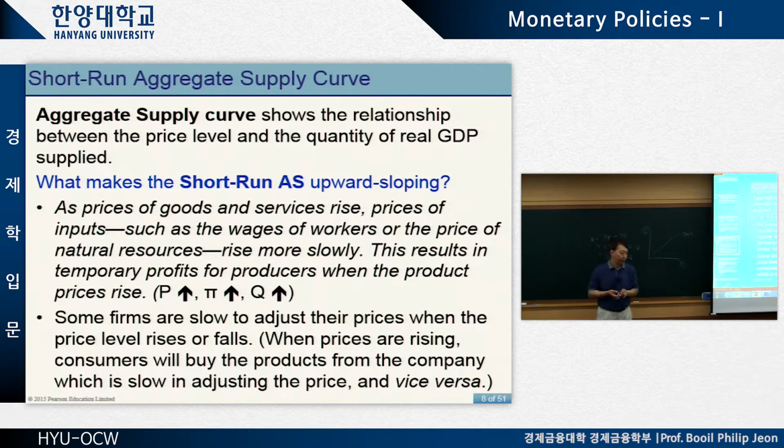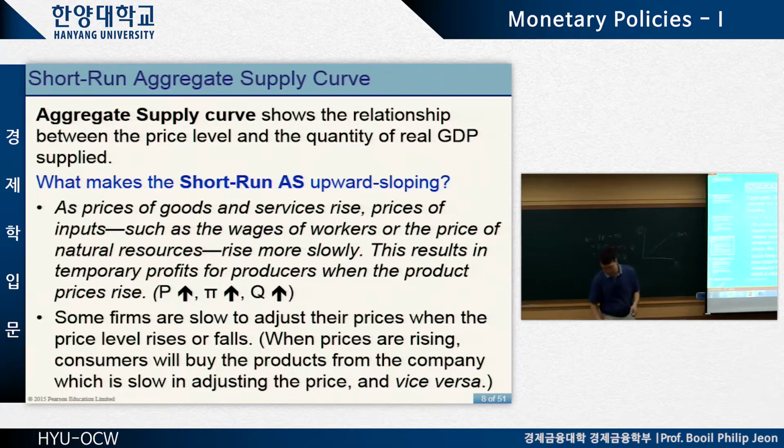So they buy more goods and services, and then initially the producers will try to increase their output, their production. Eventually that's going to increase the input demand, and as a result, the price of input will also increase. But there may be some gap, some time lag, between the output price and input price.